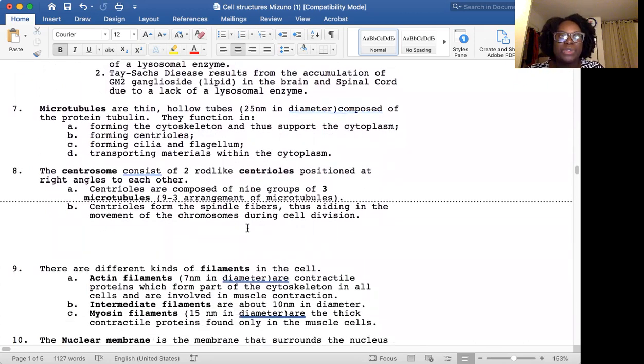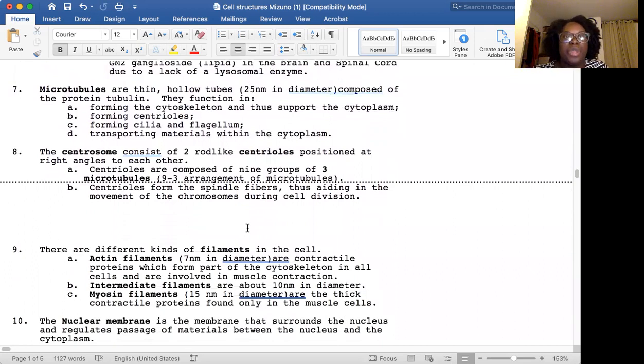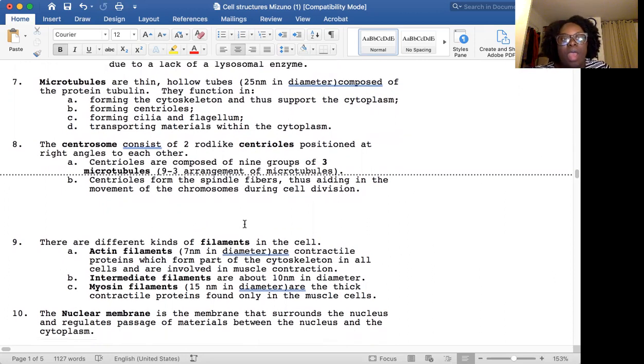So we have the microtubules. They're thin hollow tubes, 25 in diameter, and I'm assuming it's nanometers. Basically they form centrioles, they form cilia and flagellum, transporting materials within the cytoplasm.